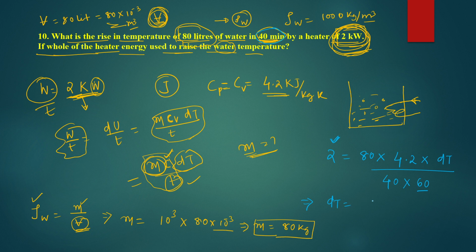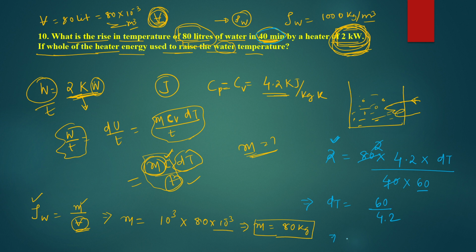Now the rest we can calculate. Here the 2 and this 2 can be cancelled. So now I can write that dt will be equal to 60 divided by 4.2.